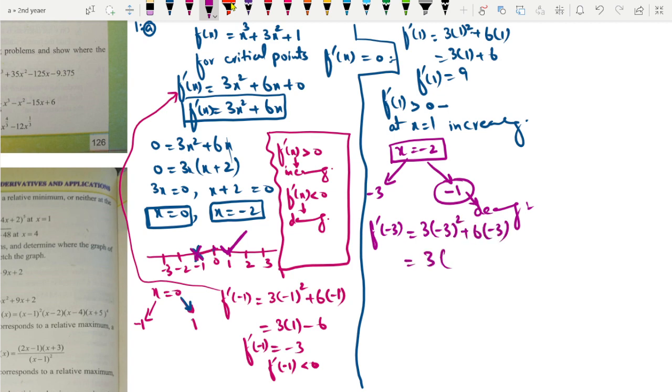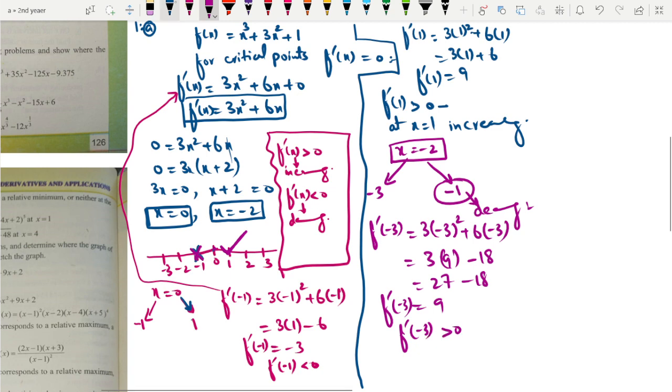This will become 3 into 9 minus 18. This will become 27 minus 18, and this is greater than 0. F prime of -3 is greater than 0, so the function is increasing at -3.